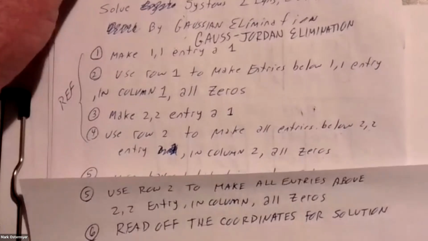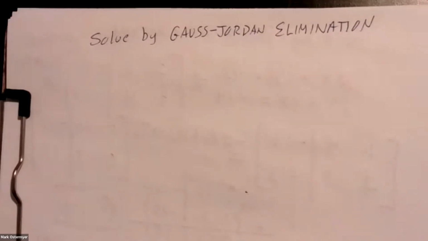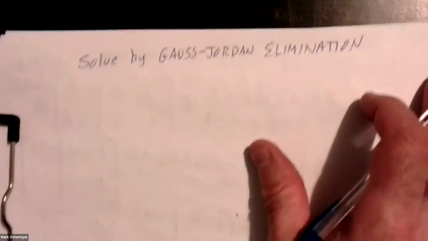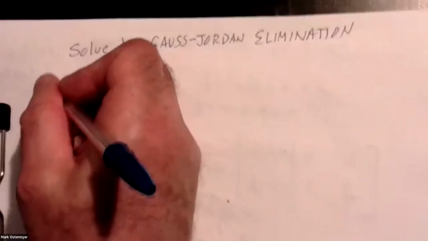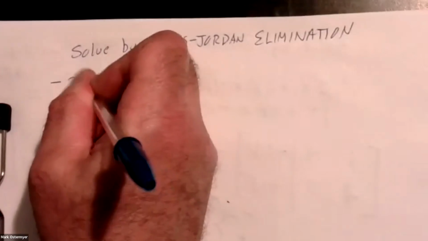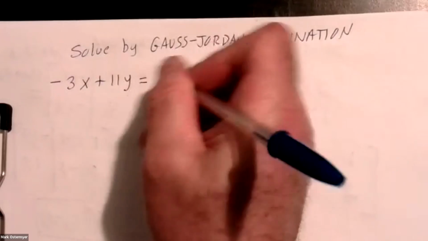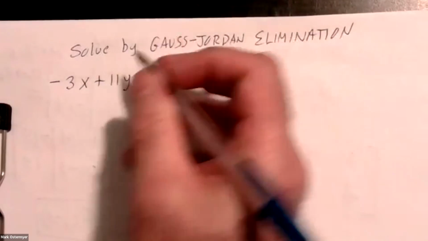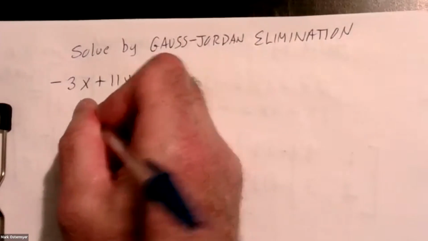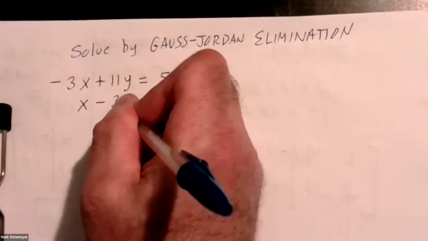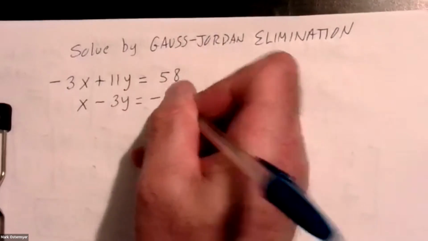Okay, let's give us a system to play around with here. Let's use this one: negative 3x plus 11y equals 58, and x minus 3y equals negative 16.